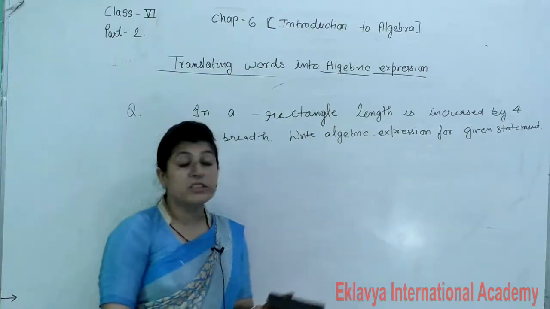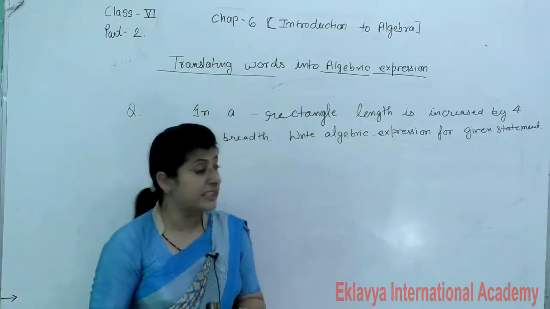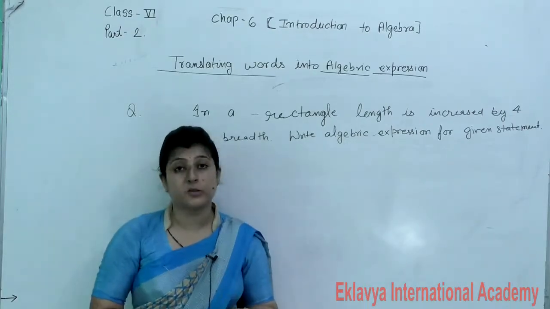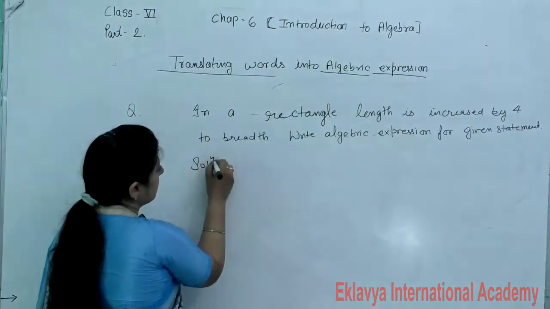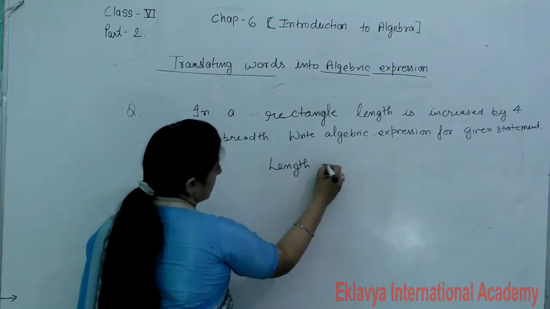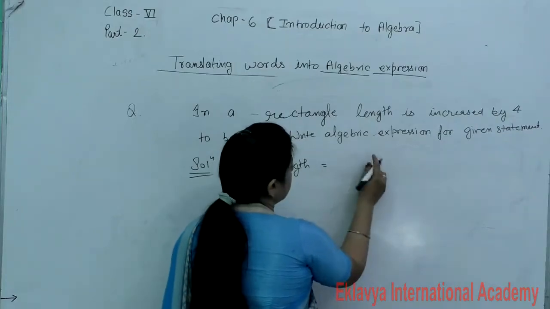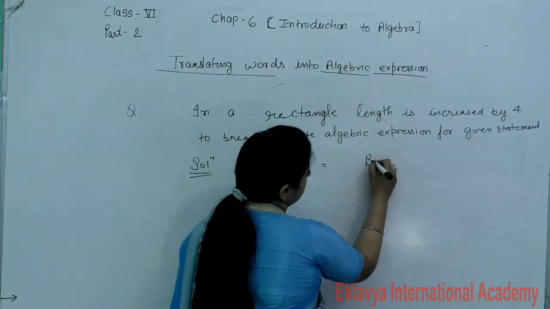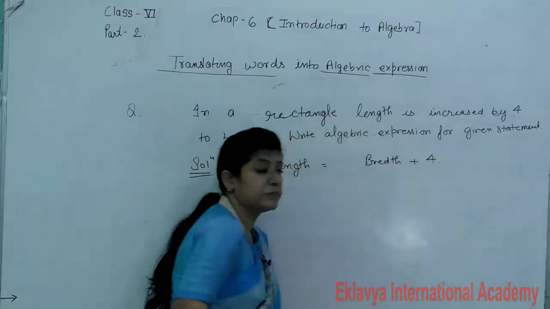We don't know the length and breadth, so both are unknown for us. But there is a relation between them: length is equal to breadth increased by 4, that is breadth plus 4.